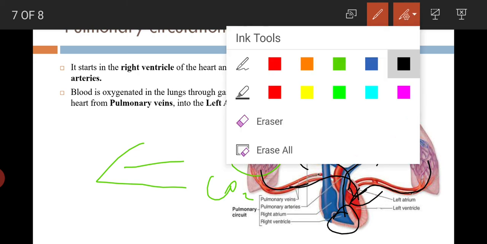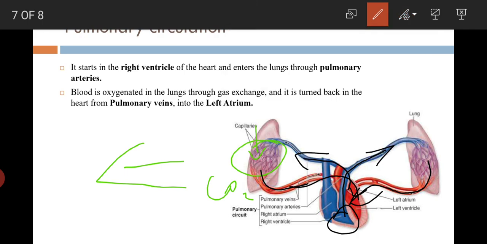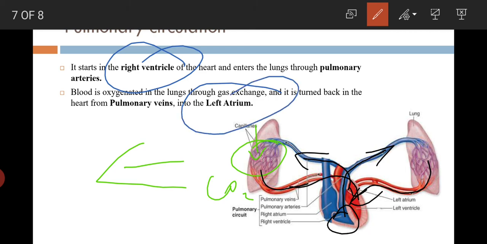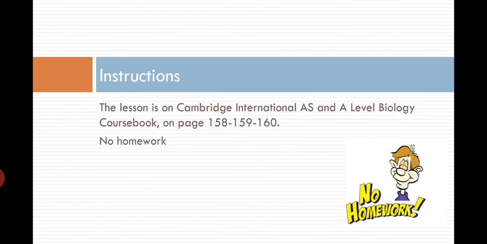So the pulmonary circulation starts in the right ventricle and ends in the left atrium, to start another systemic circulation. This was the lesson on blood circulation in our body.